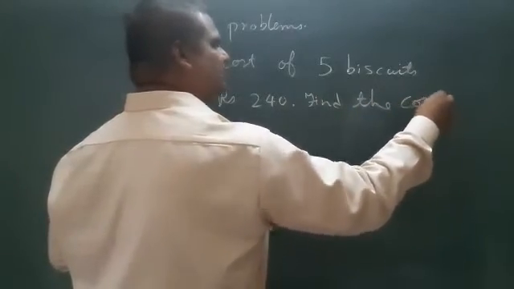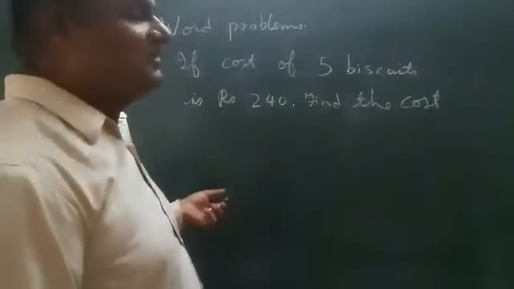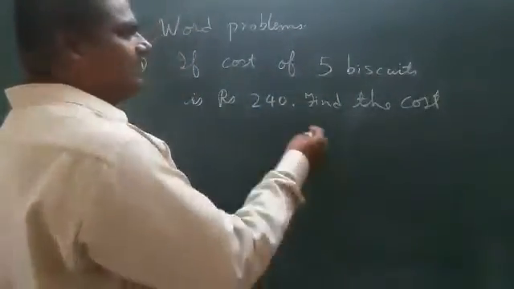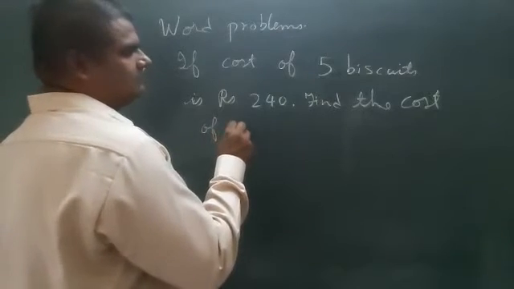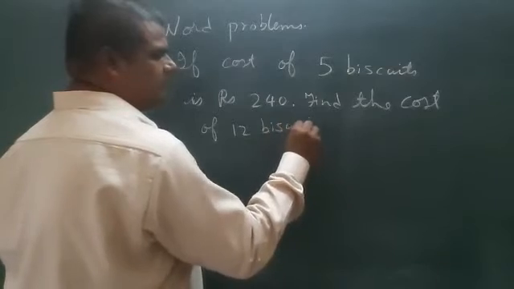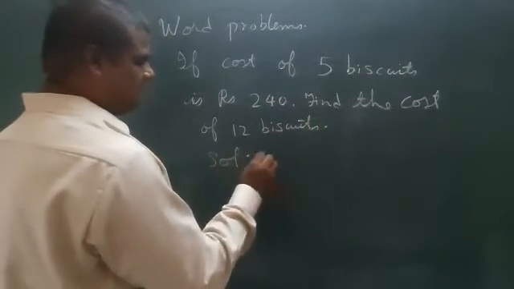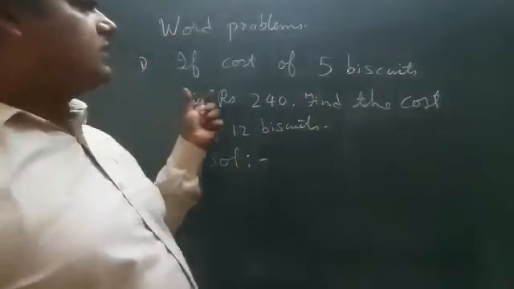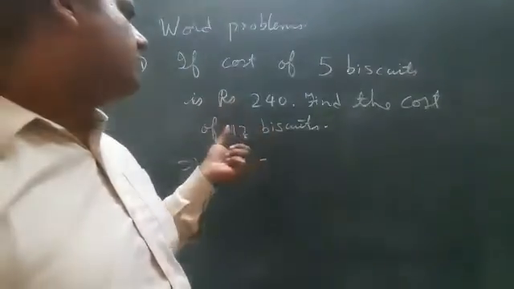I think the biscuit is somewhat delicious or somewhat very costly. Find the cost of 12 biscuits. If the cost of 5 biscuits is rupees 240, 5 बिस्किट का दाम 240 रुपये. Find the cost of 12 biscuits.